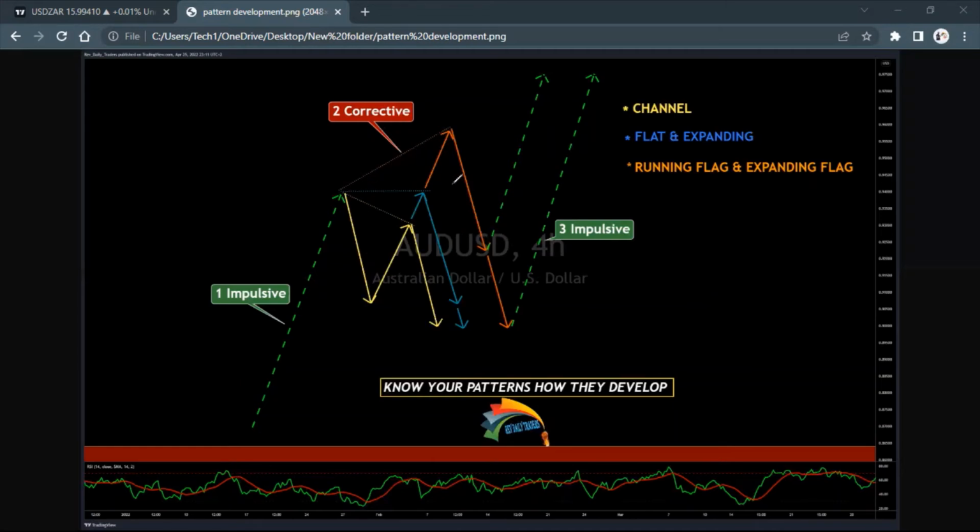Remember this pattern, it's our 2, because this is our 1, this is our 2, this is our 3, guys. So do bear in mind that with the market, you follow the structure, you don't predict or gamble only.